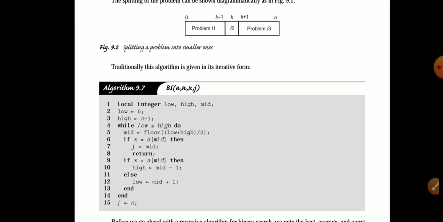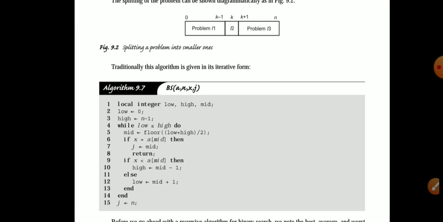Of course, when we want to search for any number in the array, we start with the first number and go up to the nth number. But here, as the array is sorted, that is the advantage. So the binary search has a big problem to solve.